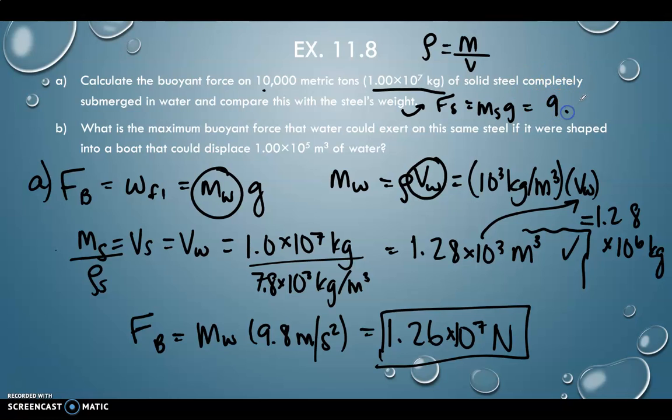So that gives us 9.8 times 10 to the 7th newtons. So comparing this buoyant force to the weight of the steel, we see that the weight of the steel is larger than the buoyant force.